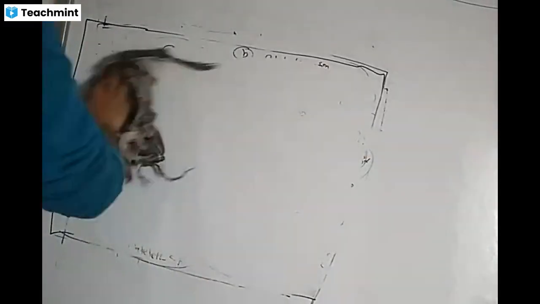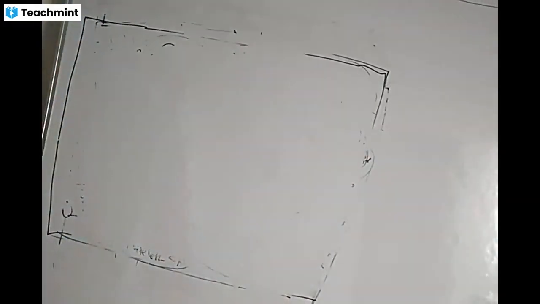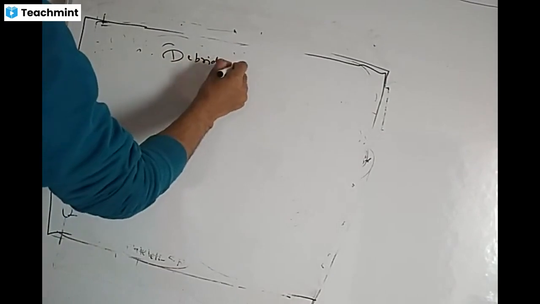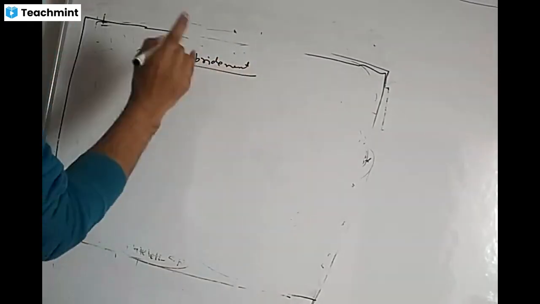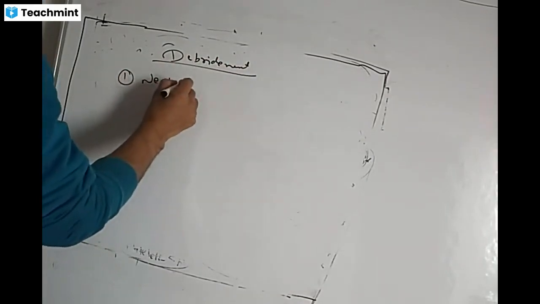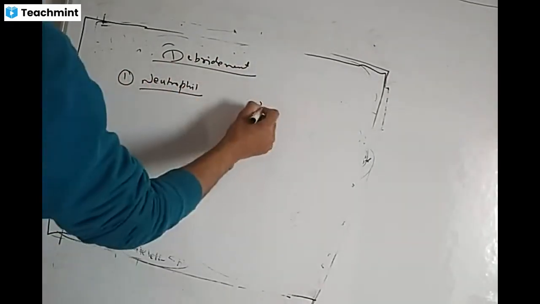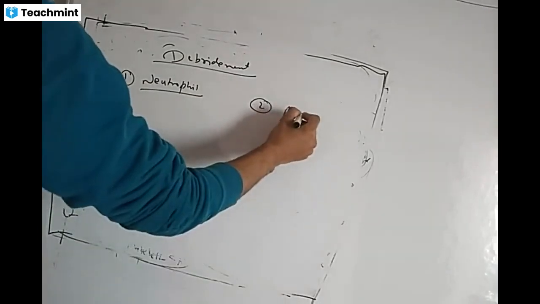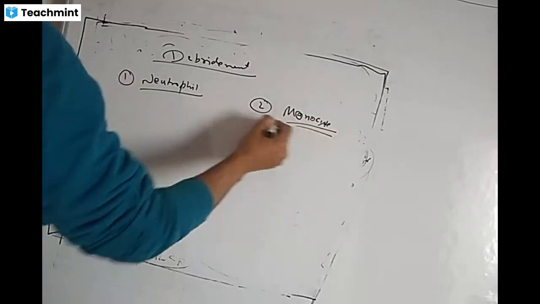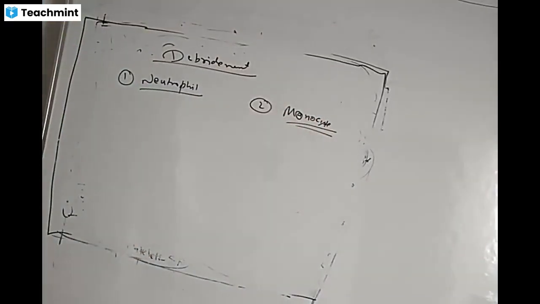There are some cells which are responsible for this debridement. The cells involved are mainly, number one, neutrophils, and number two, macrophages. We'll write monocyte because they will become macrophage later on.